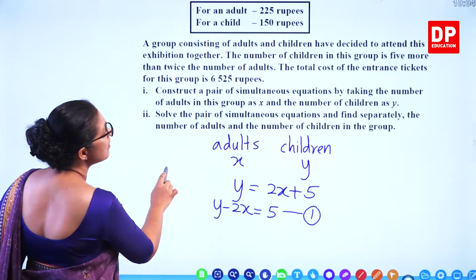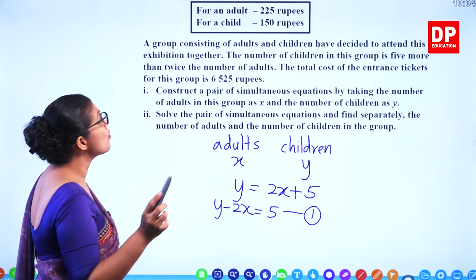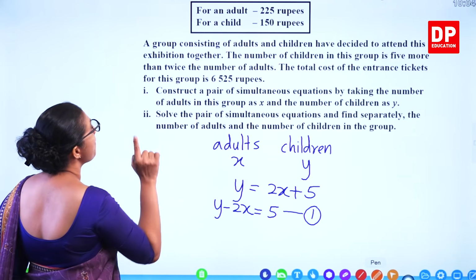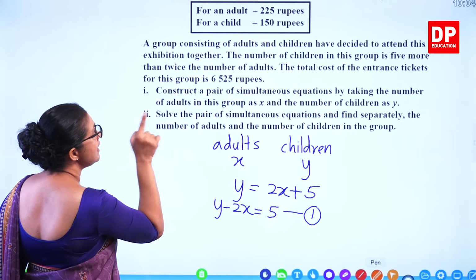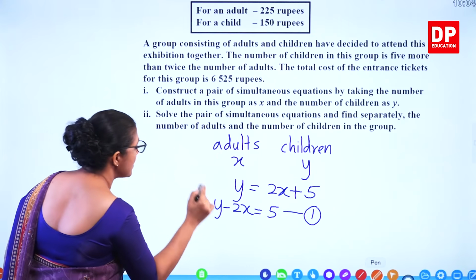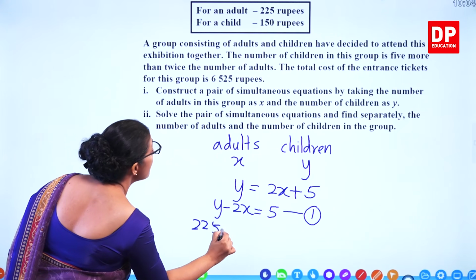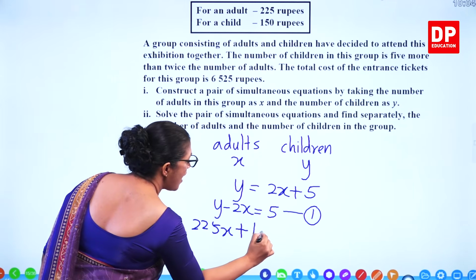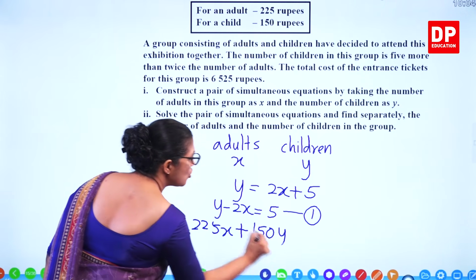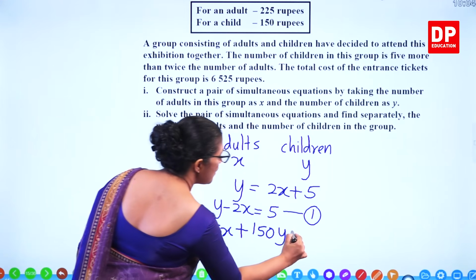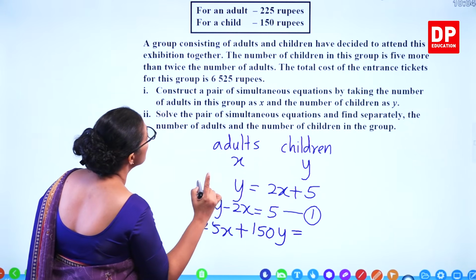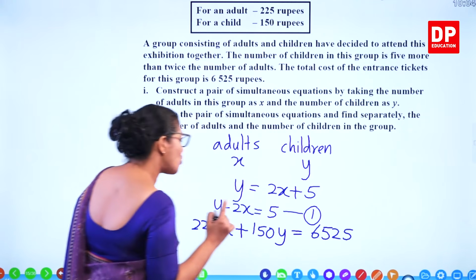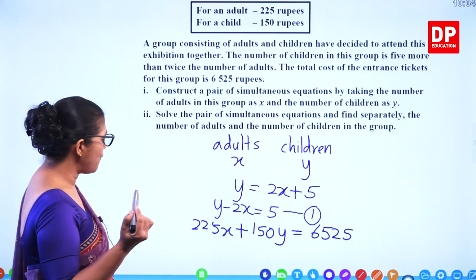Then what's the second one? It says the total cost of the entrance tickets for this group is 6,525. So that means x number of adults are there, each with 225 rupees. So 225x plus for children 150 each, and y children are there, 150y. The total is 6,525. That's your second equation, but you can simplify first.